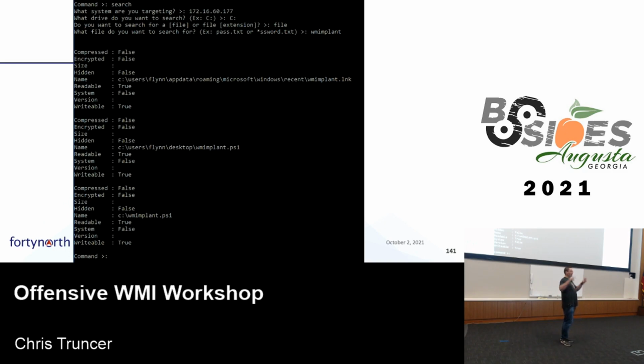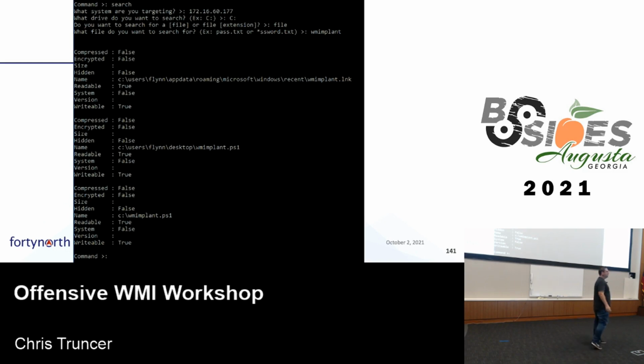So I can do a wildcard search, and this is using WMImplant to do it, but it'll do a search for paths with wildcards on the ends, and it'll index and search the entire file system and let me know exactly where those files would be on disk. In this case, I'm just searching for WMImplant on this system remotely, and here are a couple of instances of the file paths where it's located.